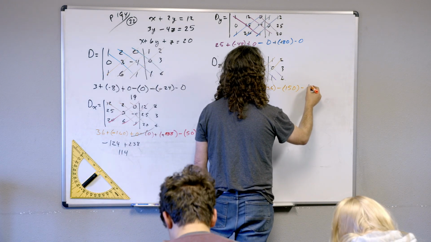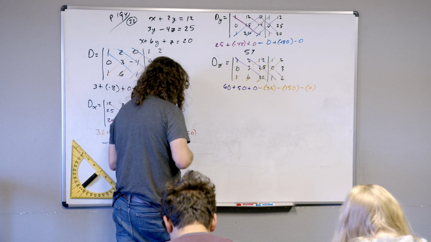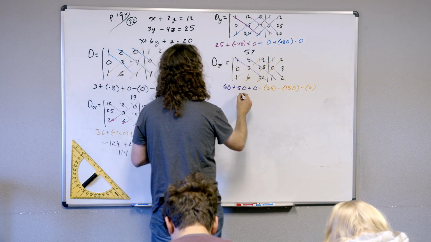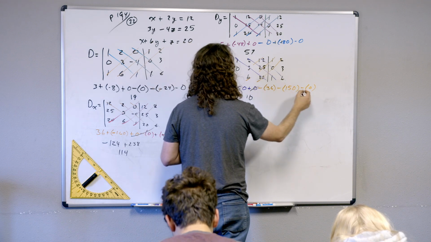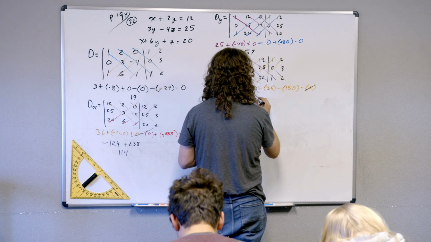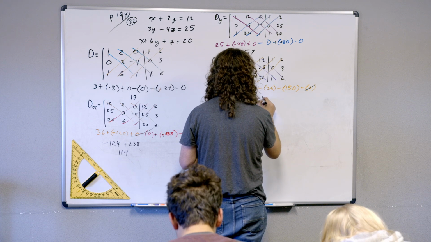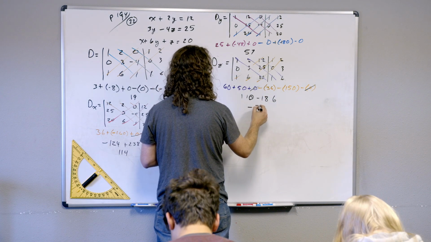Minus a 0. Great. 60 plus 50 was 110. Negative 36 plus negative 150 is negative 186. So this one is negative 76.